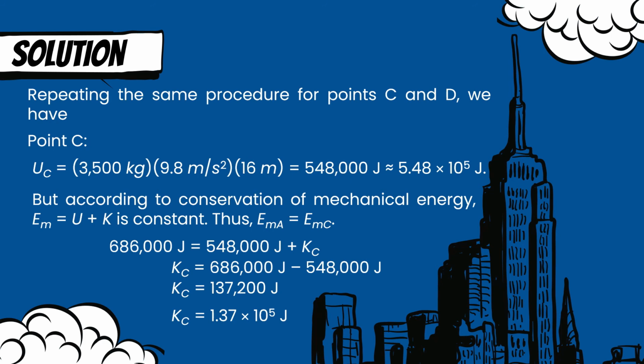Thus, the mechanical energy at A is equal to the mechanical energy at C. We have 686,000 joules is equal to 548,000 joules plus K sub C. We have K sub C is equal to 686,000 joules minus 548,000 joules, which yields 137,200 joules. Simplifying K sub C, we have 1.372 times 10 raised to 5 joules.